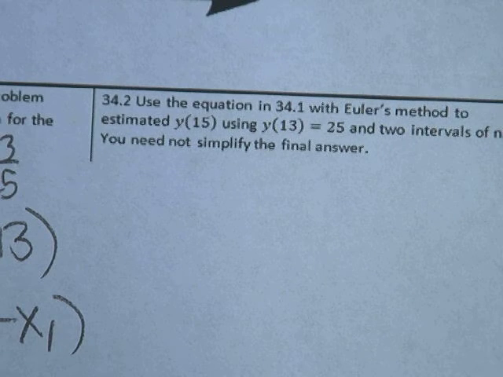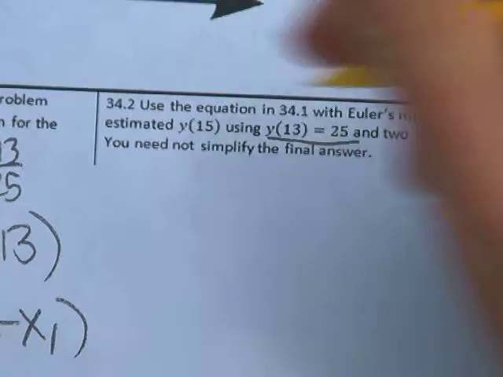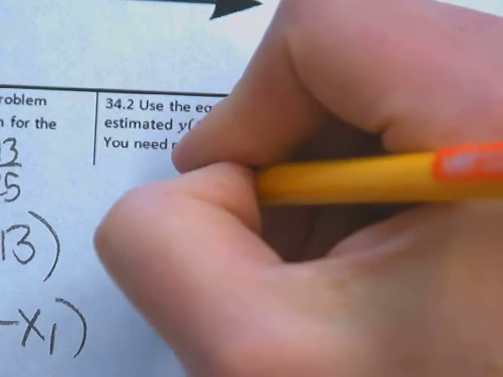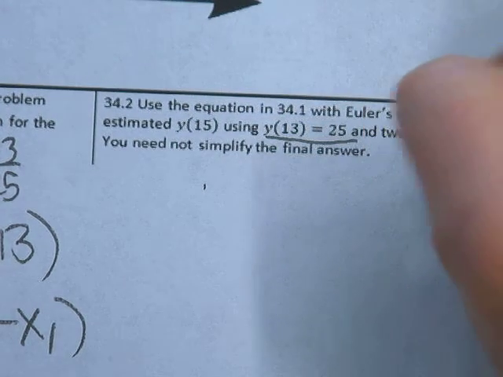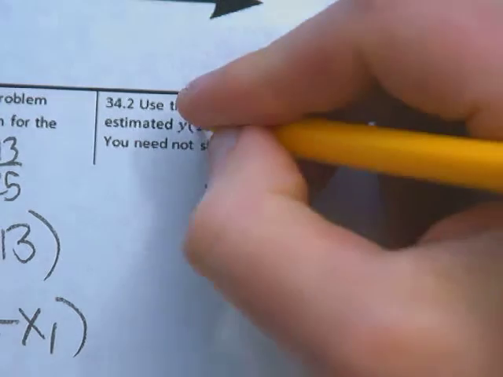The other part of this problem has us do Euler's Method. Remember, with Euler's Method we're generally given the starting point, and we're trying to estimate onto the next point. We have two intervals of n, and we're estimating y of 15.